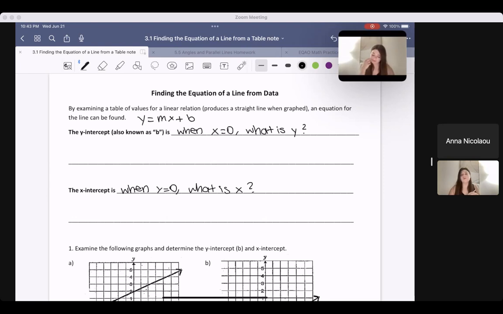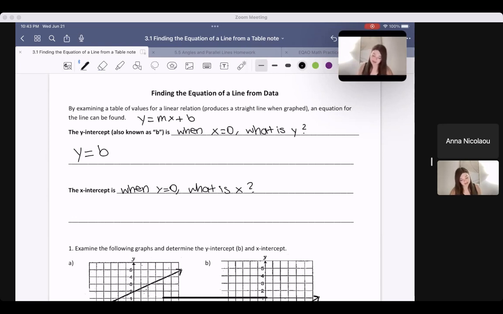So what are these things broadly? Well, in general, y equals b. That's the y-intercept, because if x is 0, we have 0 times m, which is just 0, plus b. So y equals b is the y-intercept.